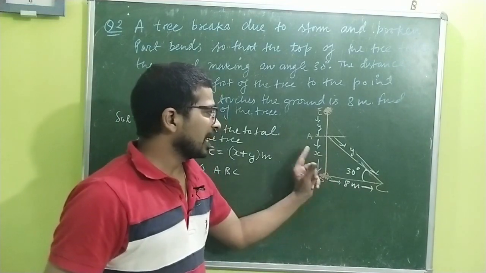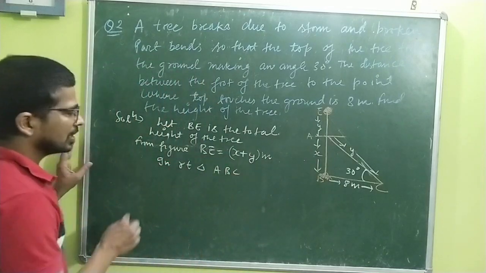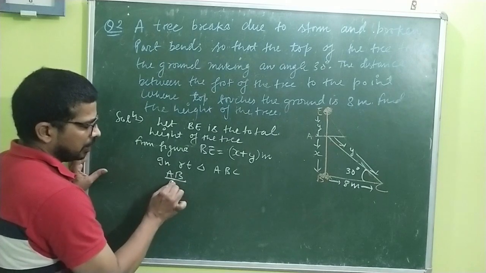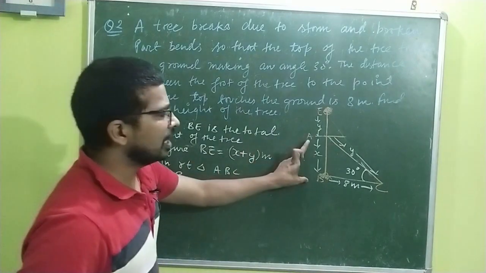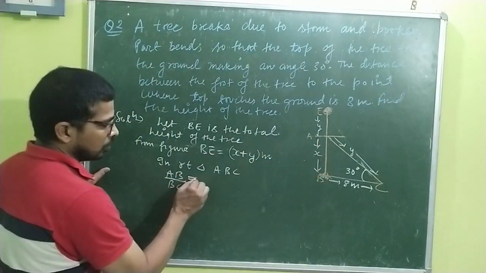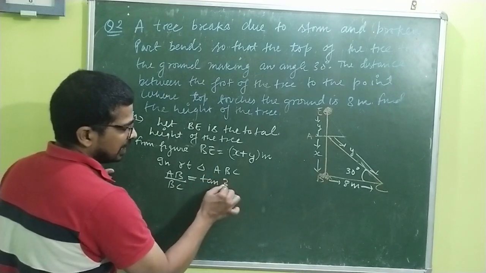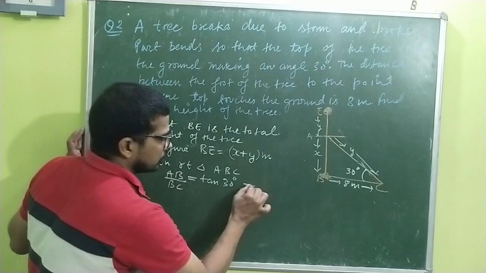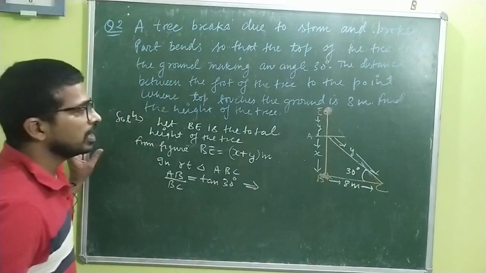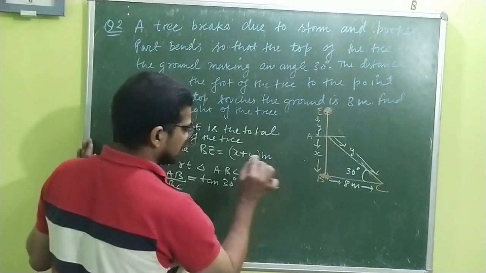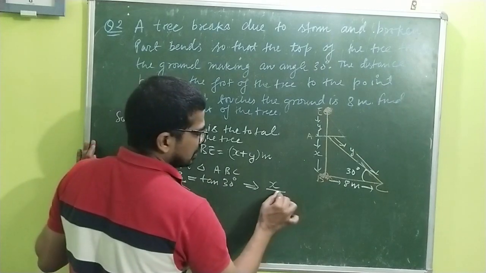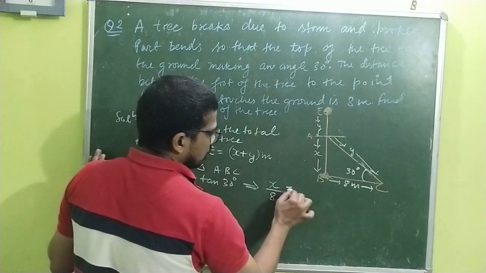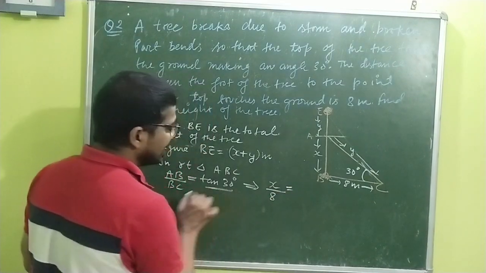In right triangle ABC, what is given? The base is given and I have to find the perpendicular. So what can you write? AB upon BC, perpendicular upon base, we know that is equal to tan 30 degree. Now I can write it down. We have taken AB as x, and BC is equal to 8, so x upon 8 is equal to tan 30.